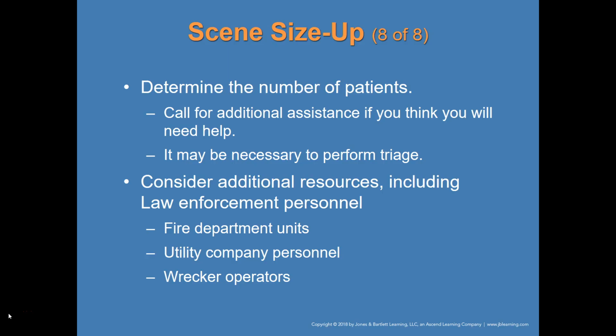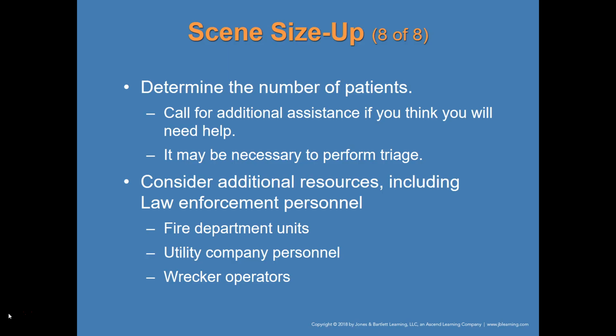Again, talking about additional resources, those resources might include law enforcement if there's an active crime scene going on, if you have violent people in the middle of your scene.